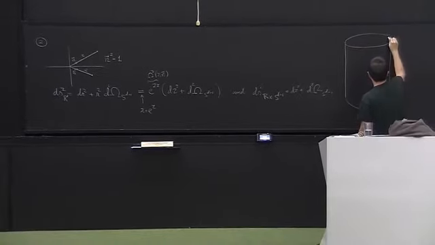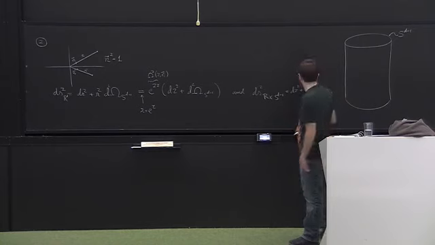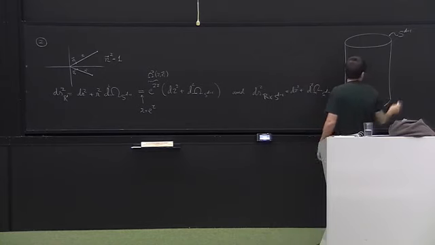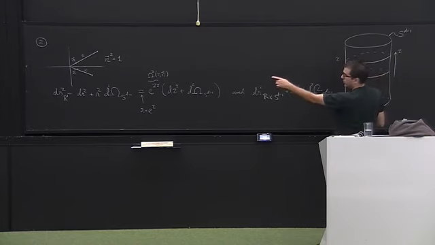This circle is my attempt at drawing a d-dimensional sphere. Of course, I can only draw it if it's two-dimensional. And this direction here is tau. So this line here would be a line with tau, and here we would have a line closer to the origin, tau prime.